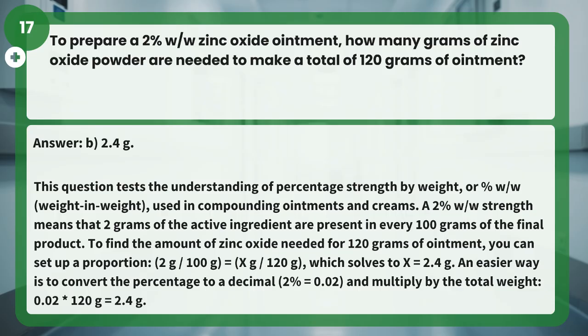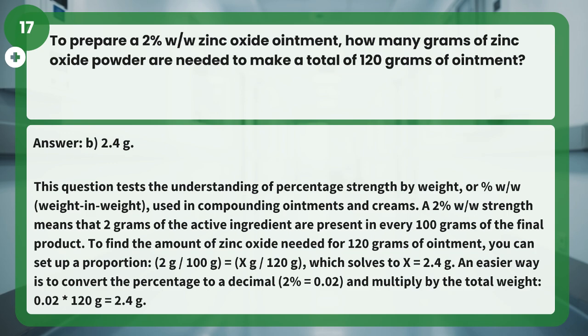Answer: B. 2.4 g. This question tests the understanding of percentage strength by weight, or percent W/W, weight in weight, used in compounding ointments and creams. A 2% W/W strength means that 2 grams of the active ingredient are present in every 100 grams of the final product.